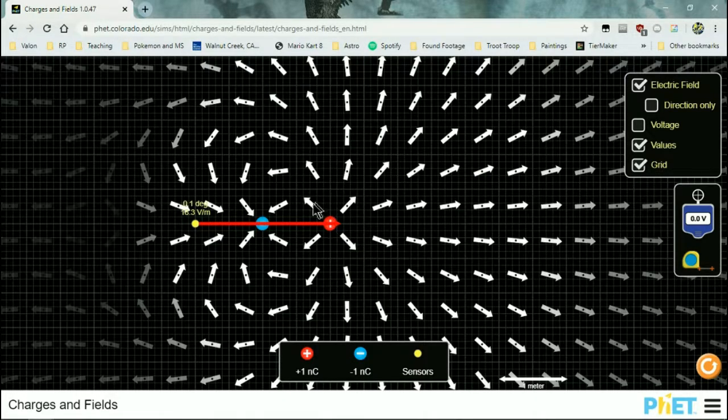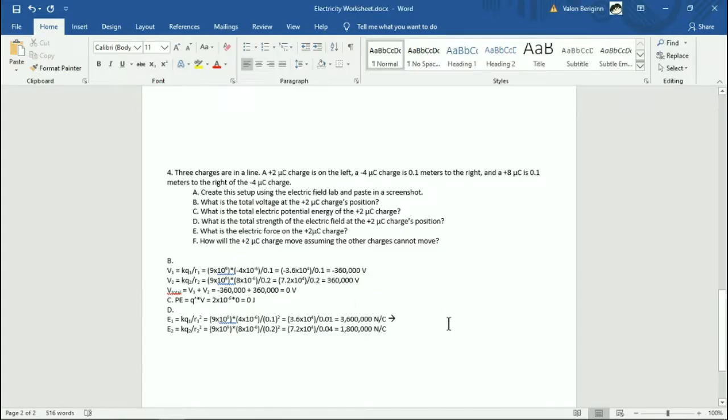Now we're talking about the field from this charge. This charge is going out. So from this one, it's going to be to the left. The positive charge here is pushing the field out to the left. So the total strength of the electric field, we have 3,600,000 to the right and 1,800,000 to the left.